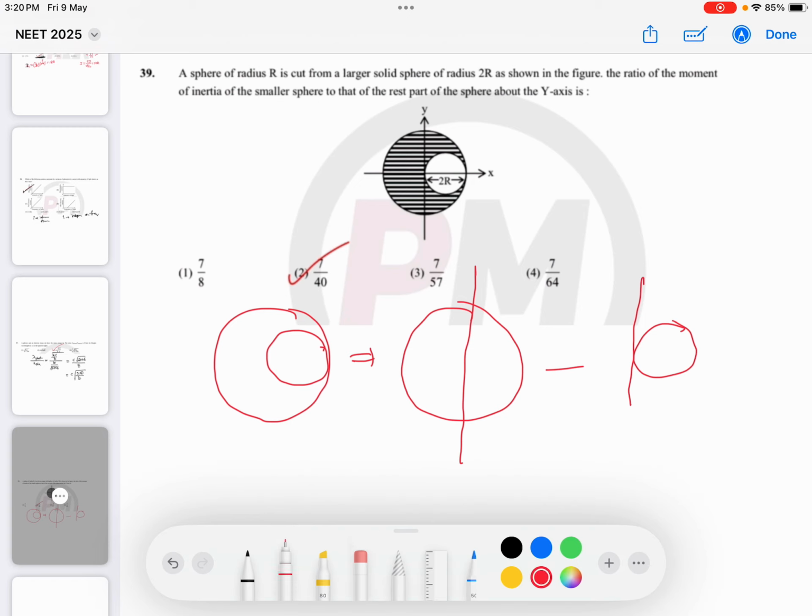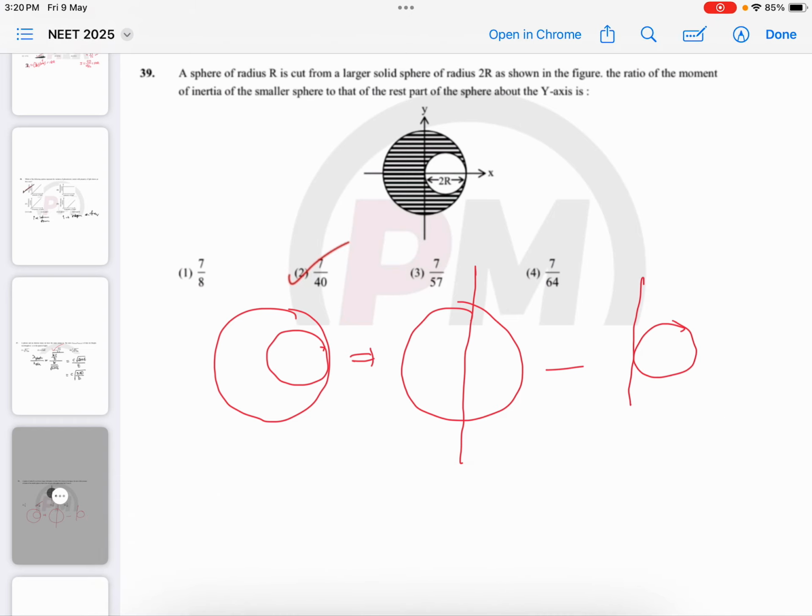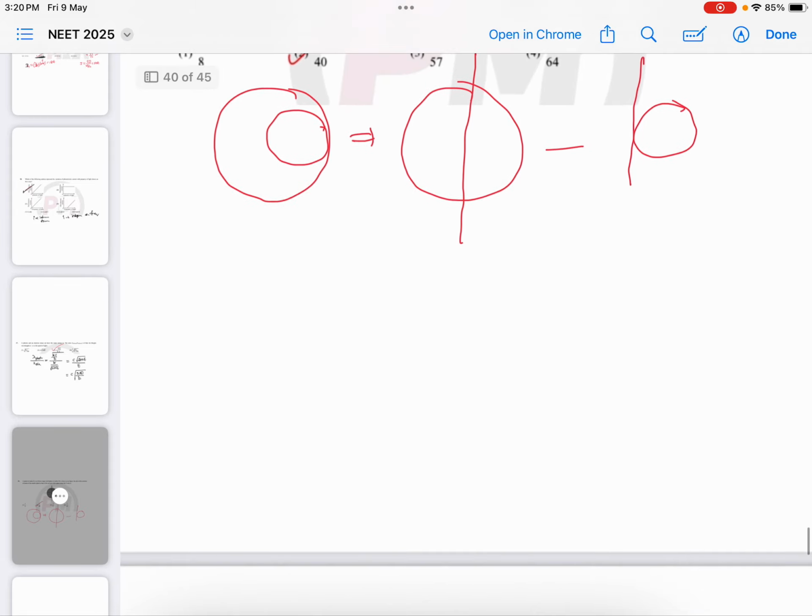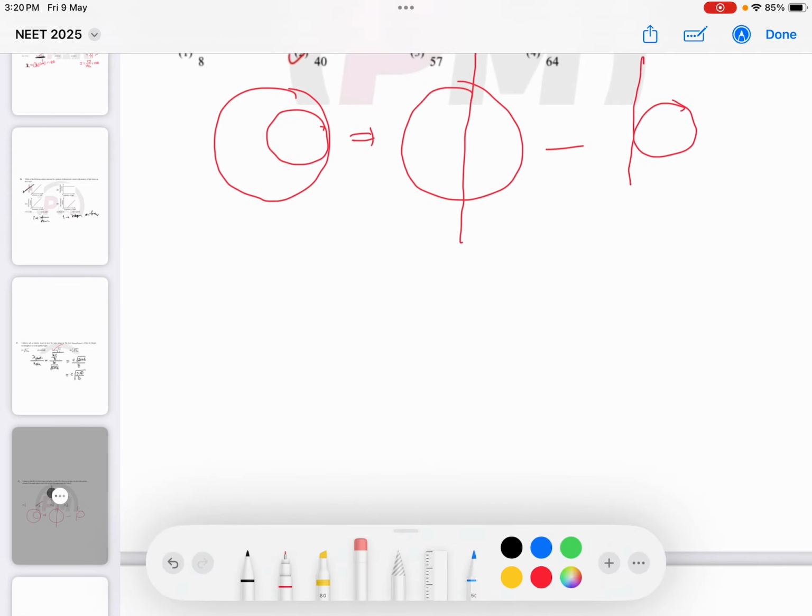About its tangent. So according to moment of inertia, of the total body, this I1 value can be taken as a solid sphere, 2 by 5 m r square.